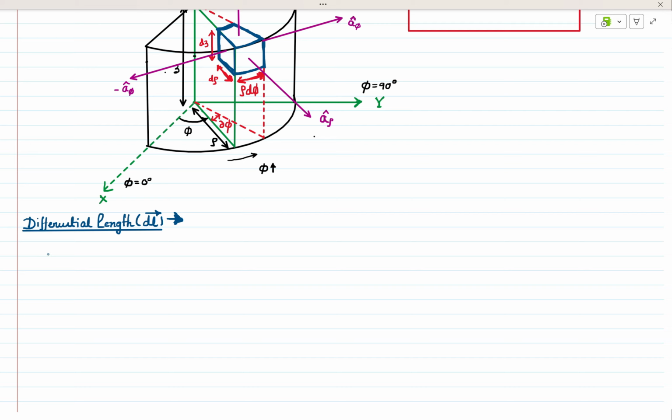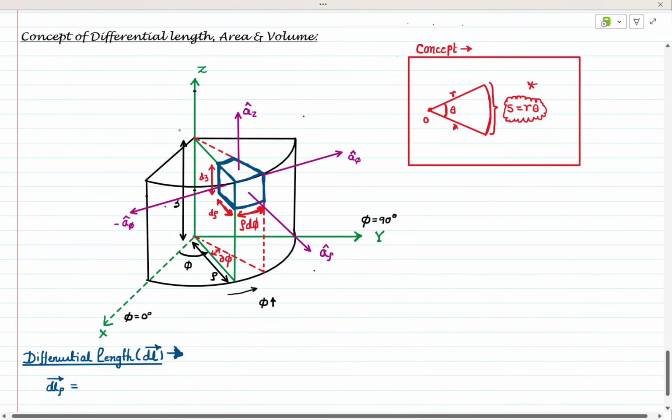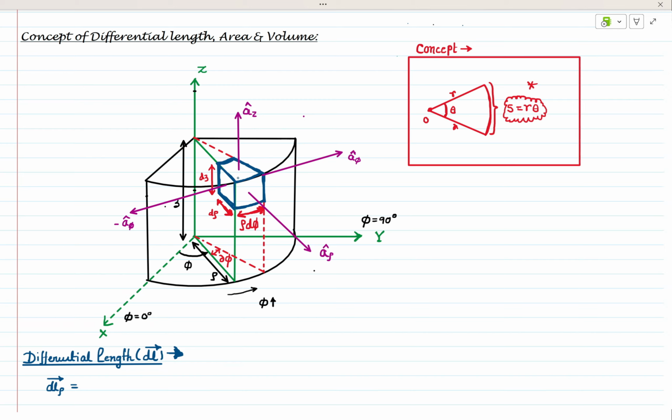First of all, the rho direction. As differential means small, I will consider only a small section, not the total cylinder, just a small cut on this cylinder.